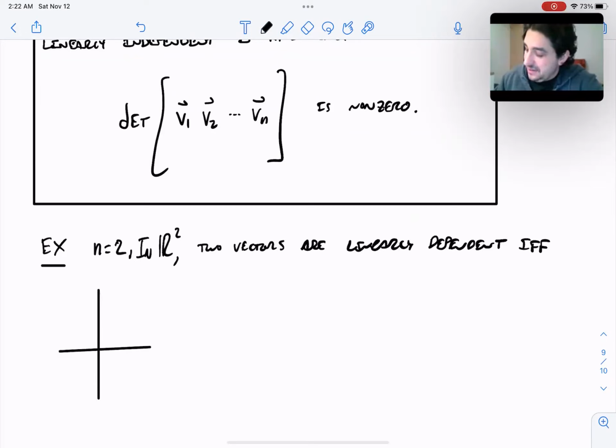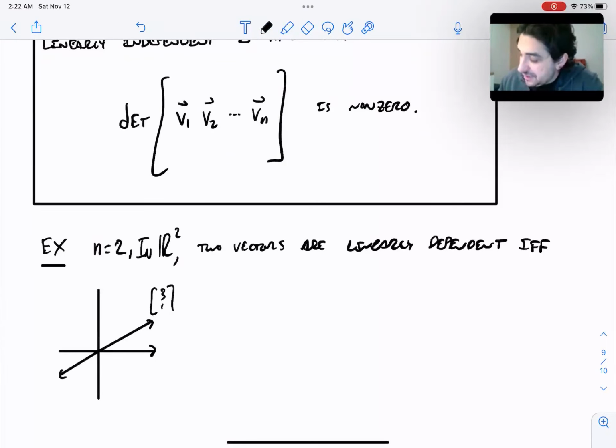Well, if we want one vector to be able to be written as a scalar multiple of the other, there are only two of them, right? The only way to do that is if the two vectors are on the same line. Say this is (3, 1). You're only going to be able to write that as a scalar multiple of another vector if these two vectors are on the same line.